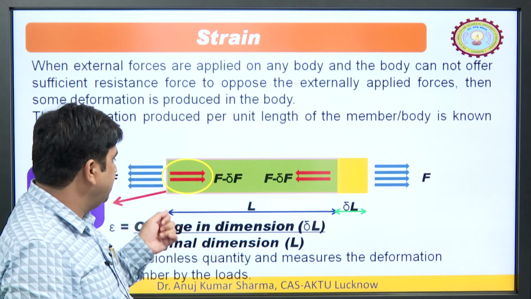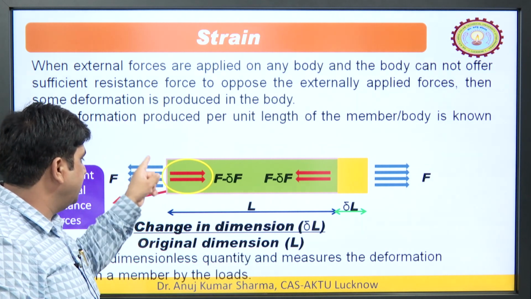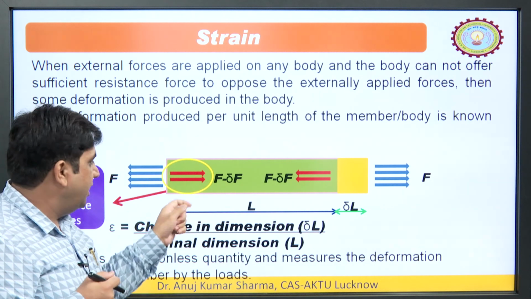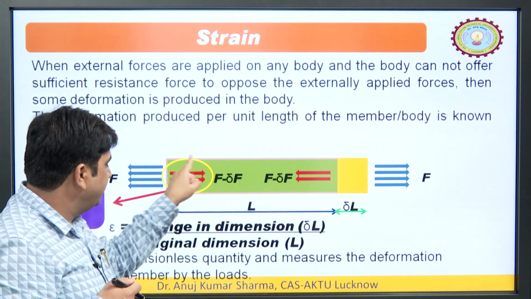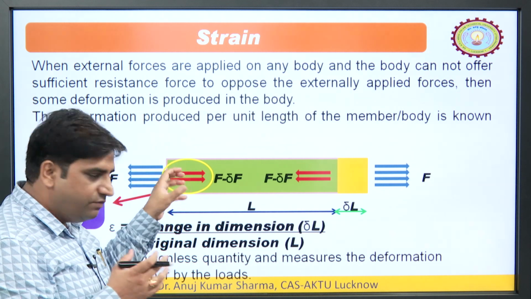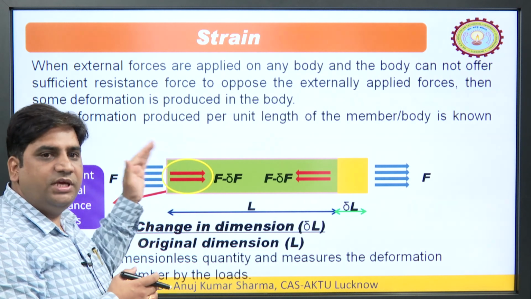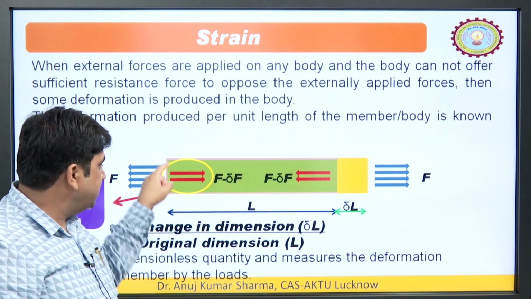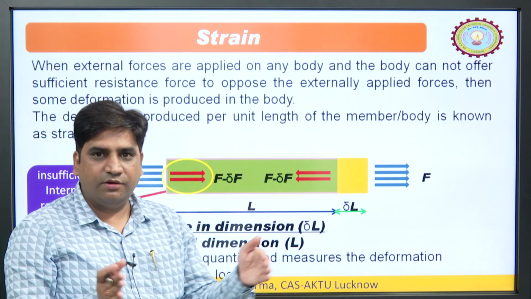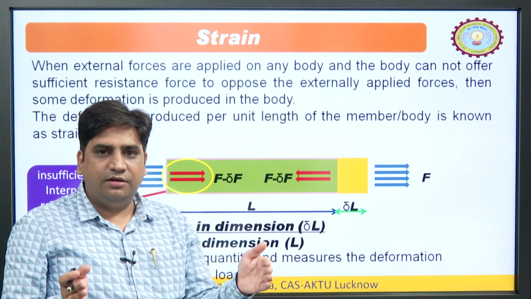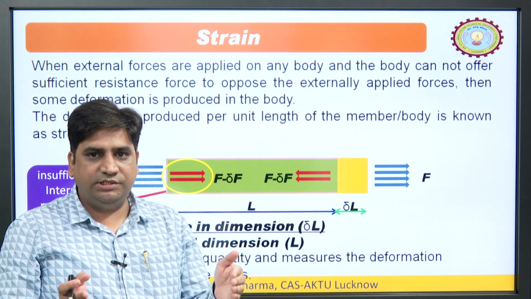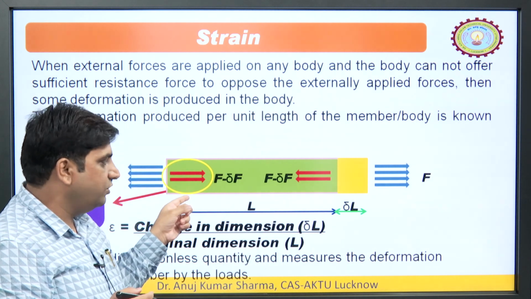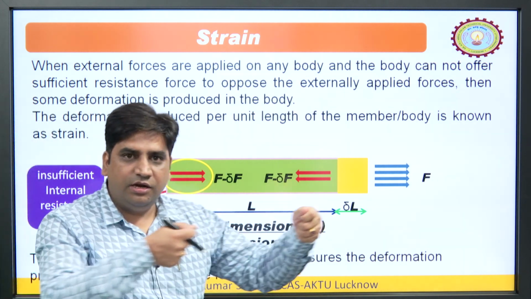Let us say we are applying this much intensity of force externally, which is tensile in nature, and the body is capable of applying only a small force as compared to the externally applied force. Then this force will not be compensated by the internally developed resistance force, and as a result this body will get elongated.